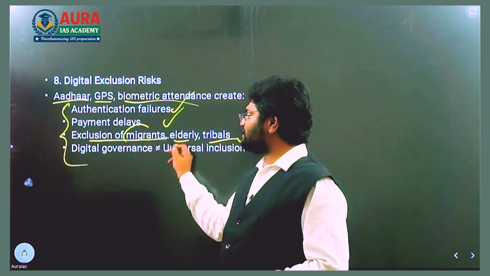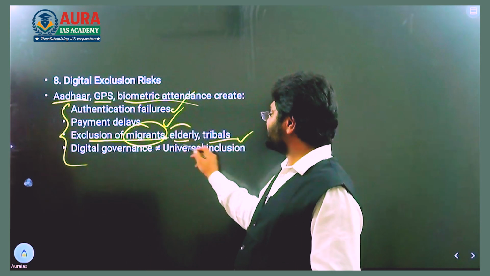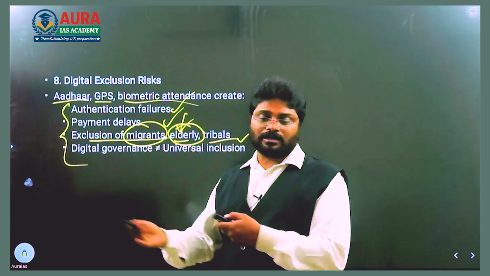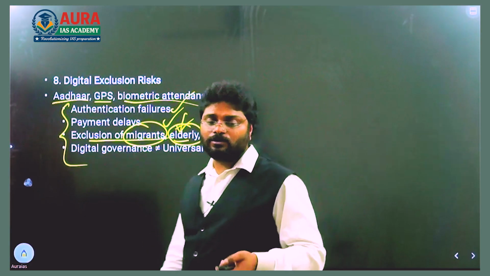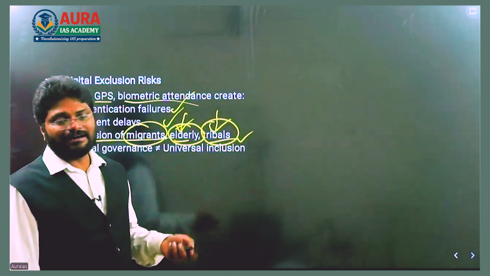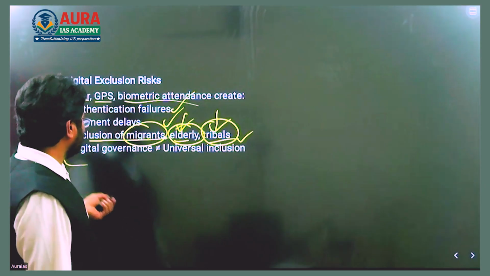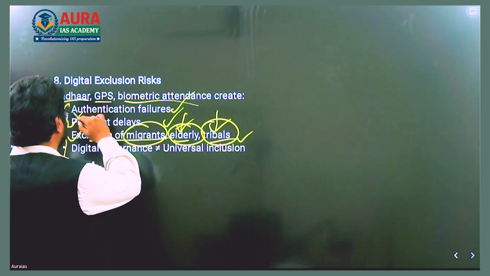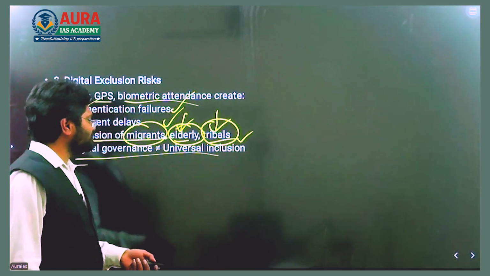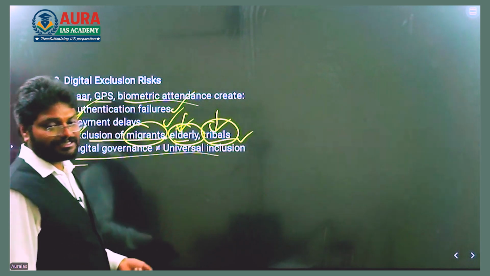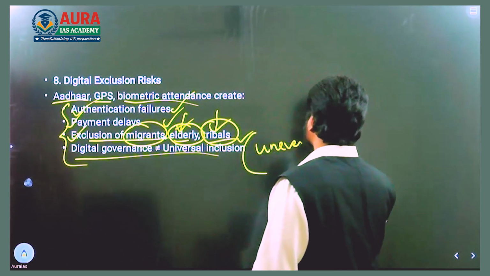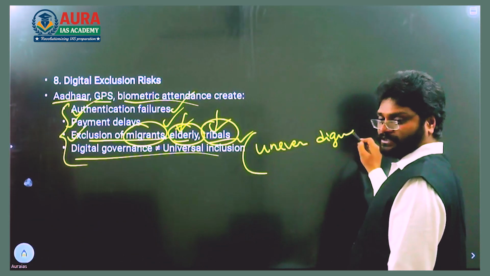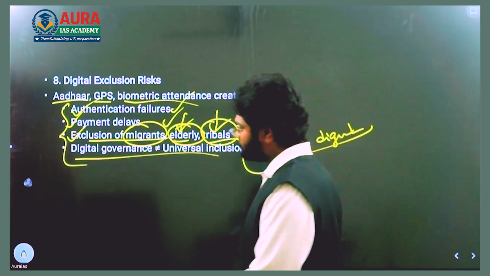Whoever migrated out of that area, elderly people who cannot move out of the home, and tribal people who cannot overcome the distance or lack digital technologies are all excluded from the payments. So digital governance is not equal to universal inclusion, because of the uneven presence of digital infrastructure in India. This you should remember.